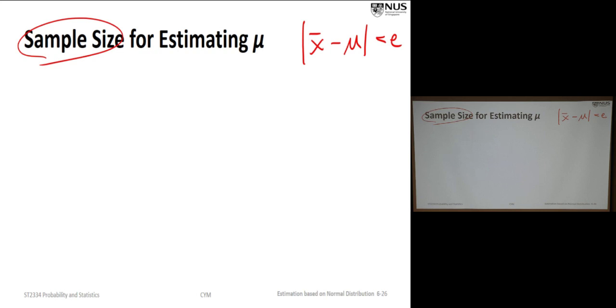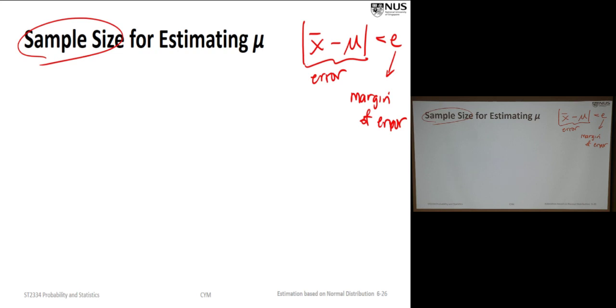And this one has a name. I just use the letter E to represent it. This is called the margin of error. That is the error that we will accept. The absolute difference is the error, and I want the error to be within the margin of error that I specified.